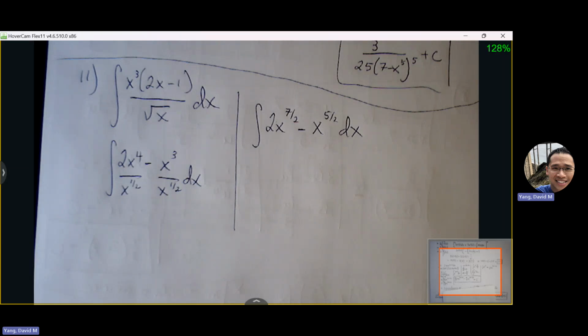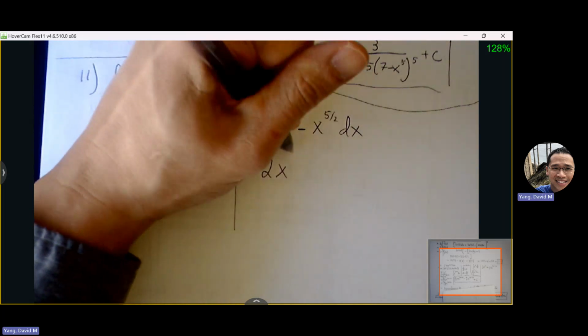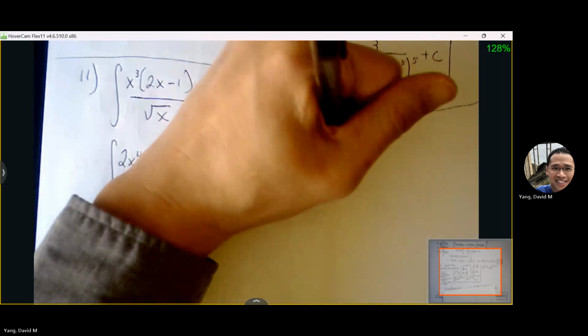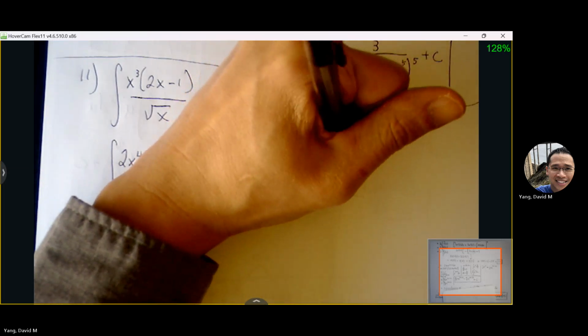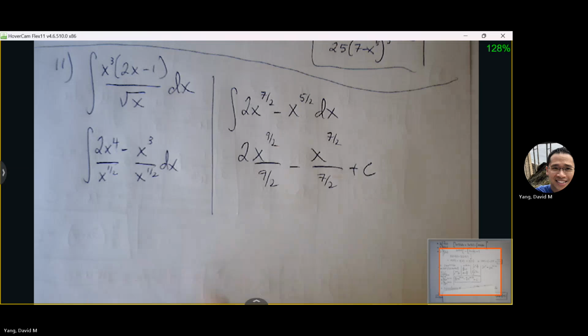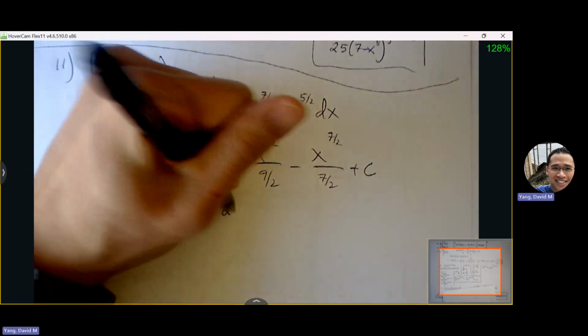Now we have nice individual terms for us to do power rule. Add 1 to the exponents. Flip those fractions.